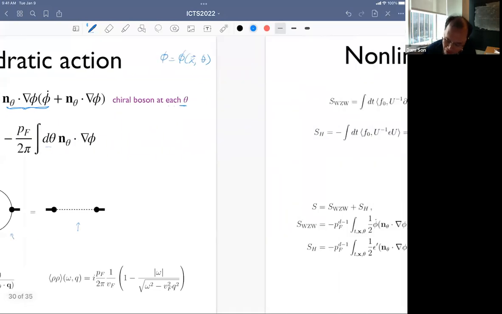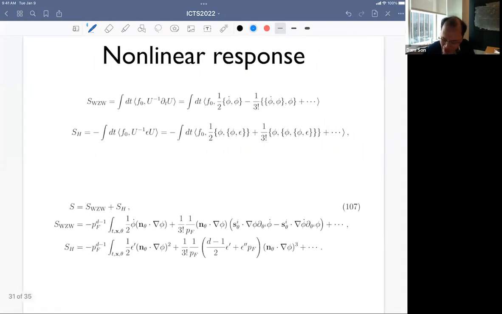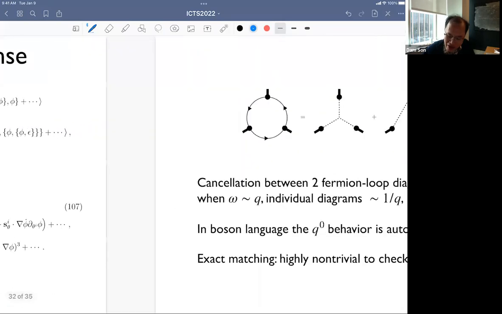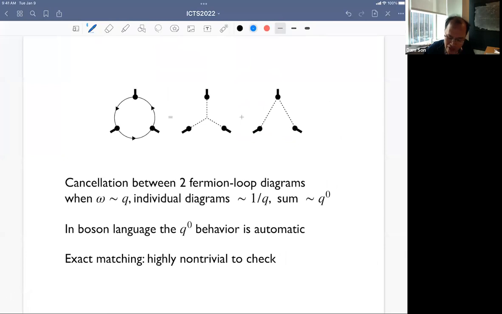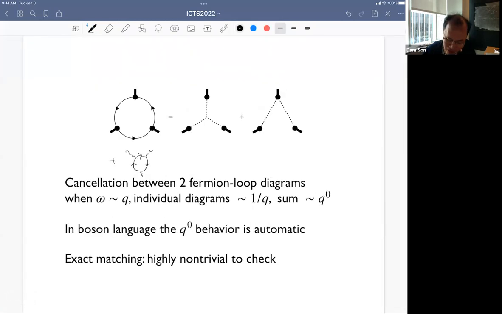We can also go to nonlinear order and check that the result of a quite more complicated algebra reproduces exactly the 3-point function. So in free fermion theory, the 3-point function is the sum of 2 diagrams of density with the fermion loop going in different directions, and the result of this calculation is exactly equal to the sum of 3 graphs in the bosonic theory.